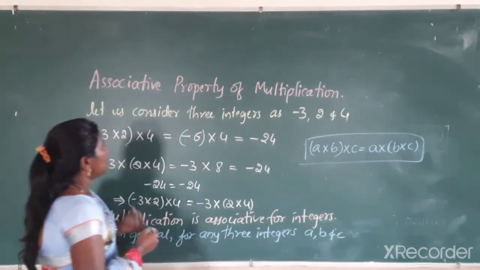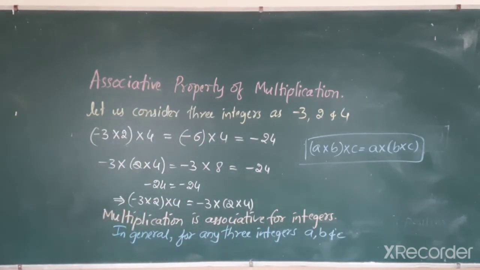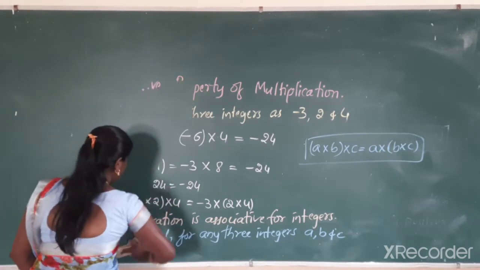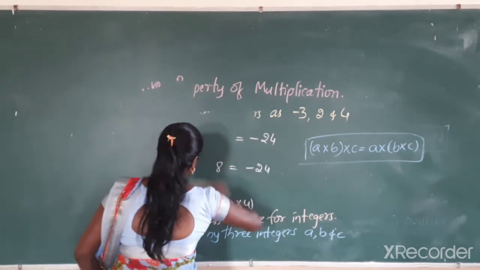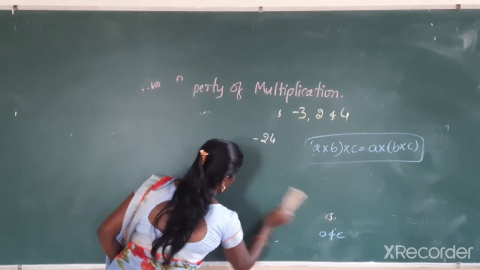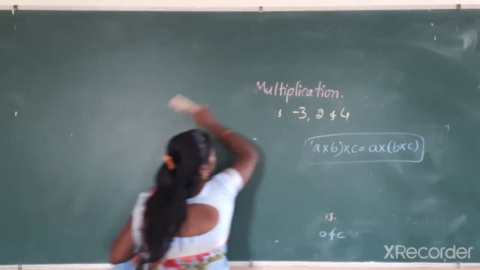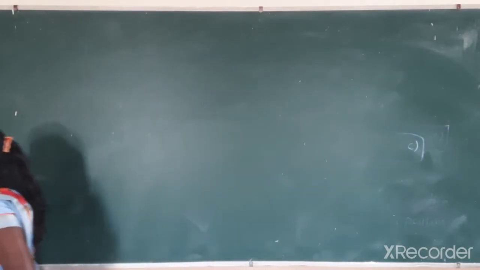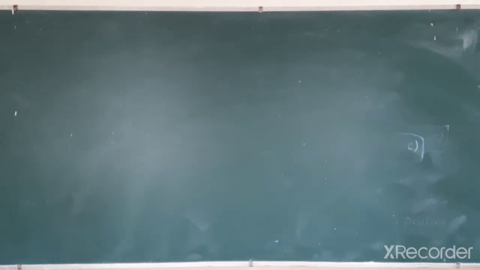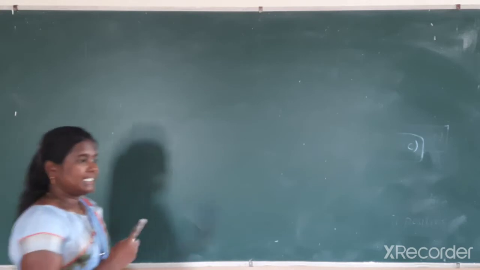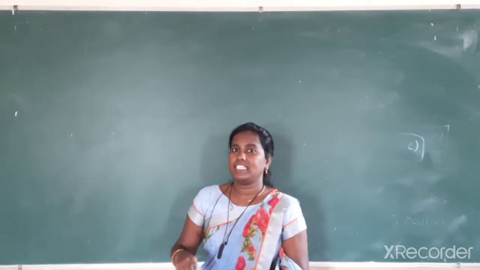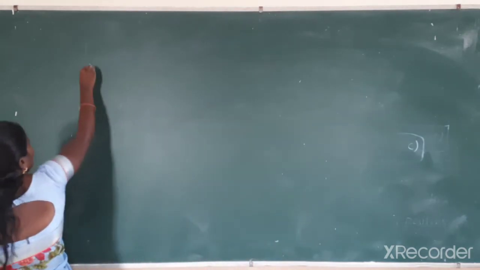Now let us go to the last subtopic of multiplication, that is multiplicative identity. But before that, let us see the multiplication of three or more integers.